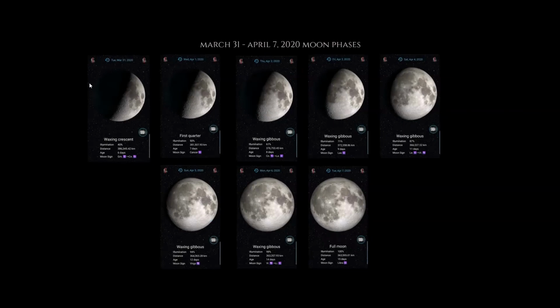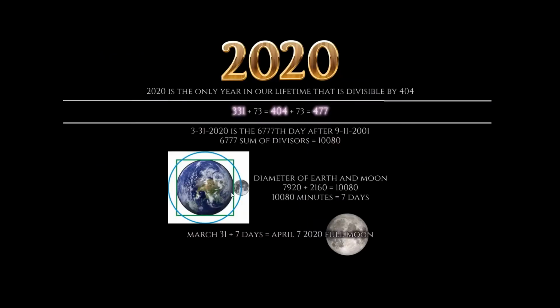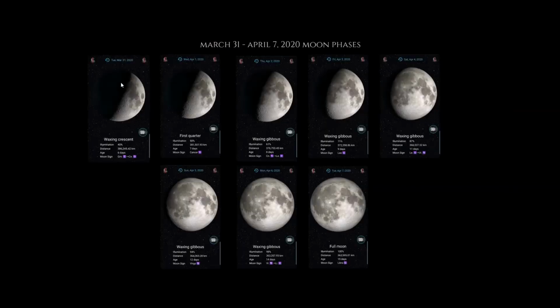On March 31st, this would be the moon phase. As we go to April 7th is a full moon. So we're starting here at March 31st, and the phase of the moon is gradually increasing to full as we progress down the minutes and the miles of the diameter of the Earth and the Moon. Kind of see how that works as the week goes along, as our 10,080 minutes progresses.